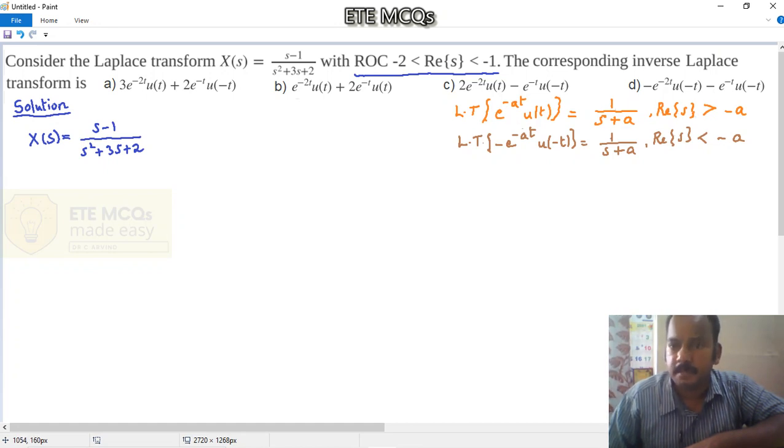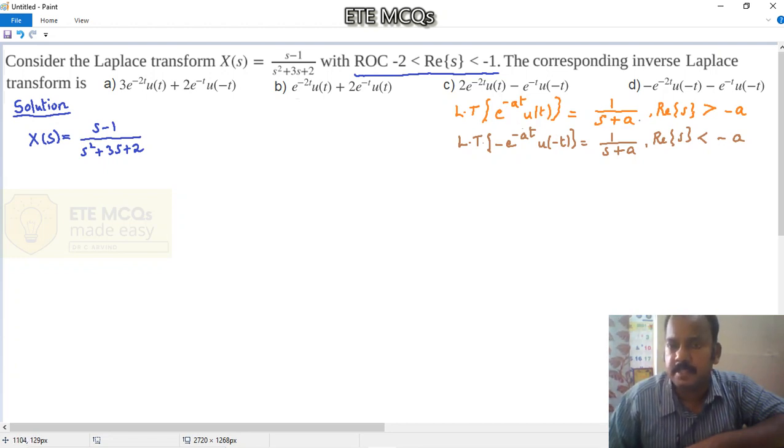The transformation of more than one time domain signal will be the same, but they can be differentiated based on the region of convergence. So here you will again have the pole at minus a, real part of s less than minus a. Since this transformation corresponds to a left-sided sequence, just put a less than sign.